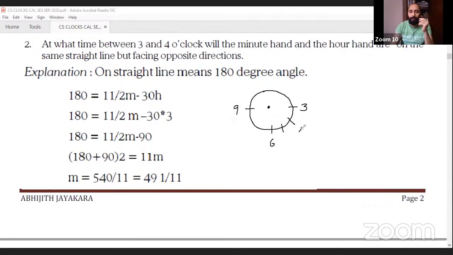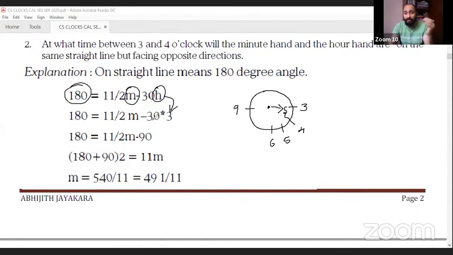Between 3 o'clock and 4 o'clock means the hour hand will be 3 o'clock past. So hour will be 3. In how many minutes it will become 180 degrees is what we are finding. M we are finding. It is just the cross multiplication. This kind of problem also we have done. Hope you remember, it is just the cross multiplication.